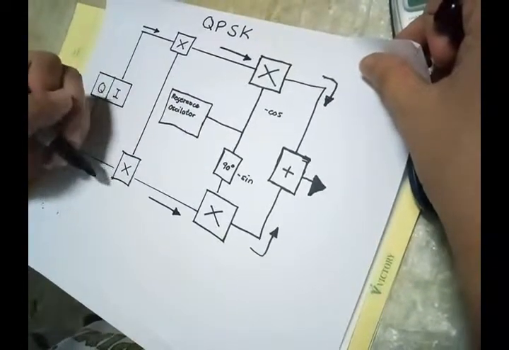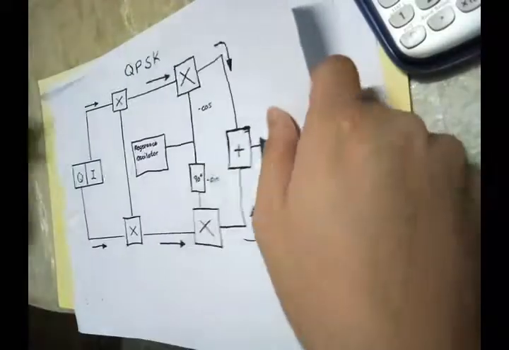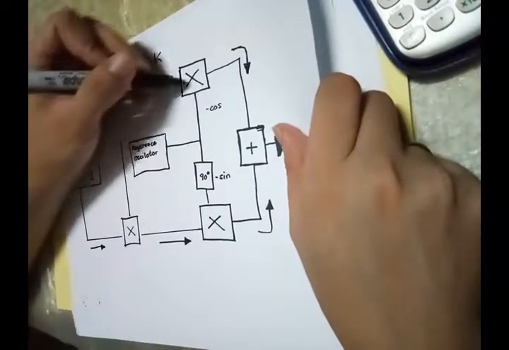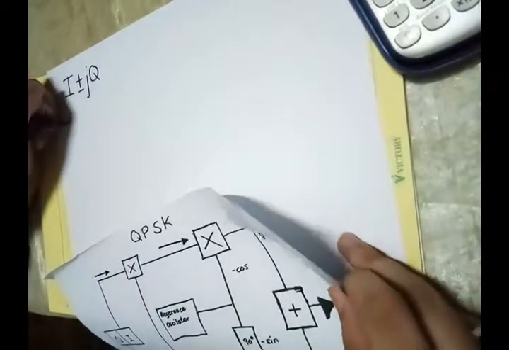That will combine with the multiplier. And then, our logics will combine with the reference oscillator, which is negative cosine.